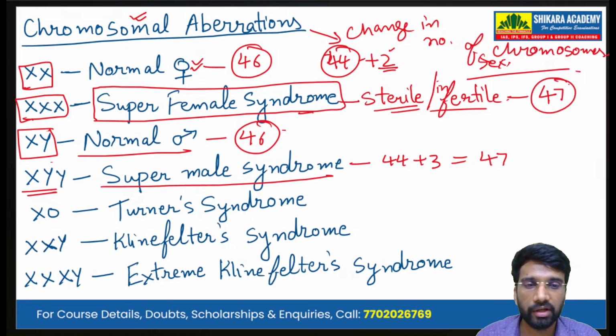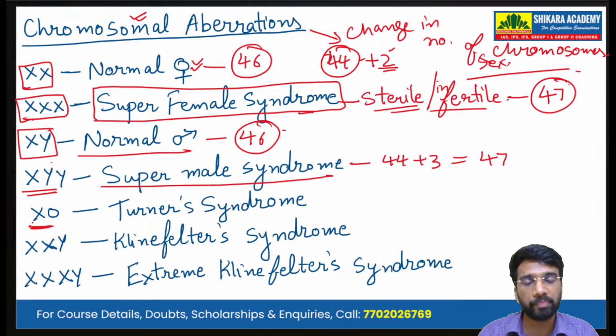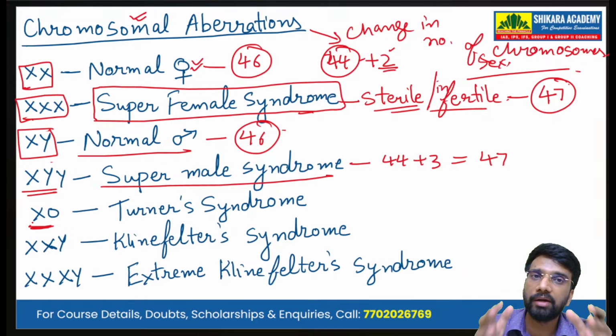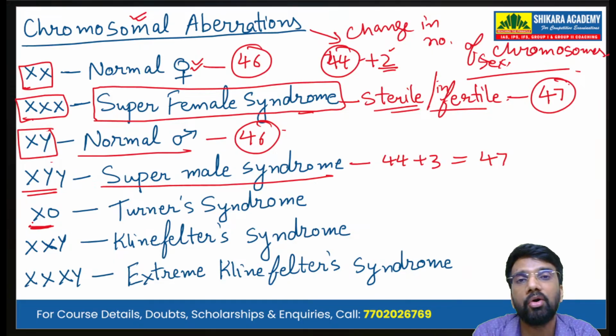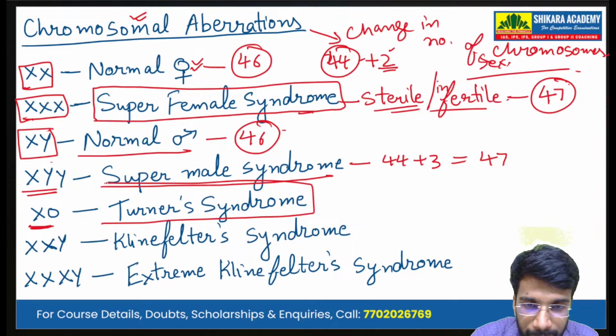In such a condition, where we have a single X chromosome and the second chromosome has been dropped, the individual is suffering from Turner syndrome.